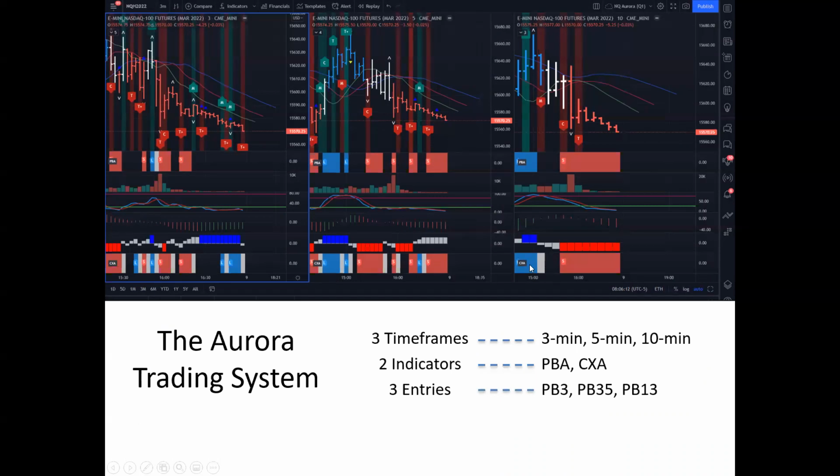You'll see the CXA label on the lower block set, and you'll see the PBA label on the upper block set. So we're utilizing those 2 primary signals, and each of those signals, the PBA and the CXA, represent multiple indicators that we have nestled in behind those single signal presentation formats.